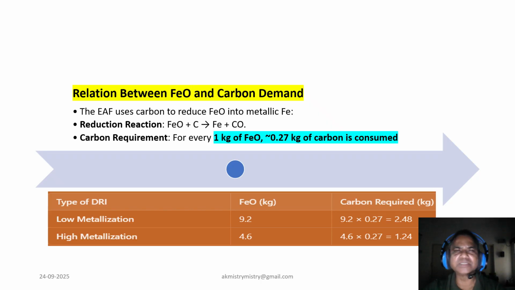And for energy consumption, the reduction of FeO consumes about 1.5 kilowatt hours of energy per kg of FeO. So you can imagine how this FeO can swing both factors towards the adverse side. And for the loss of metallic yield, if the FeO goes into the slag, the iron loss is about 70% of the FeO weight. So this is a big loss.